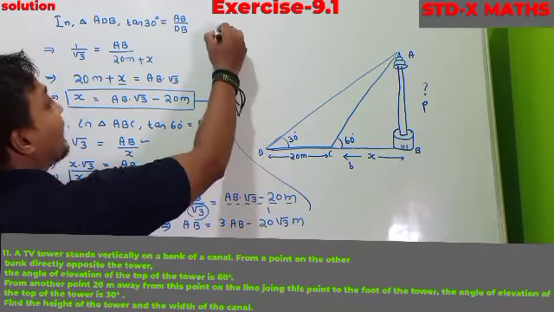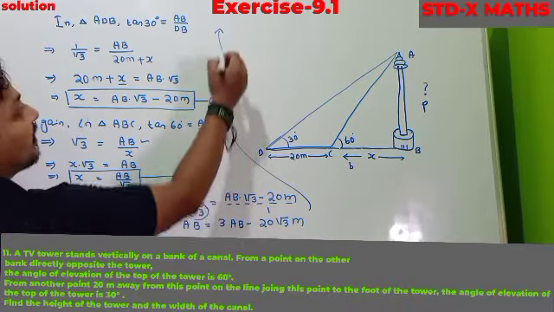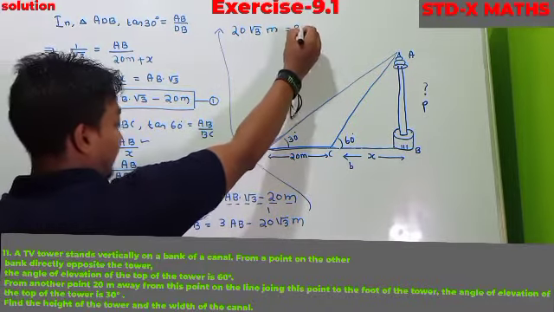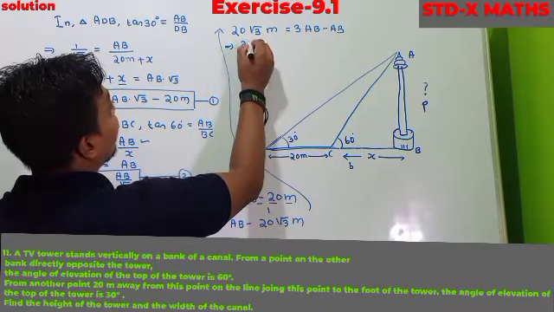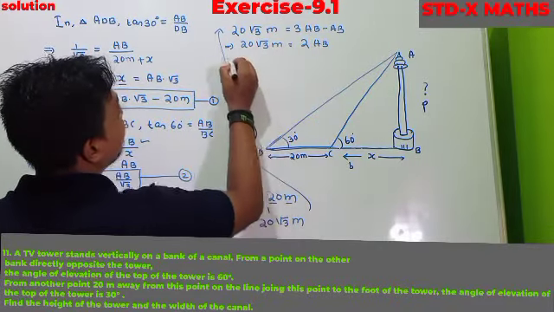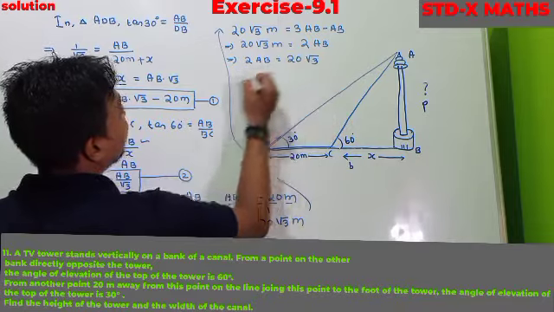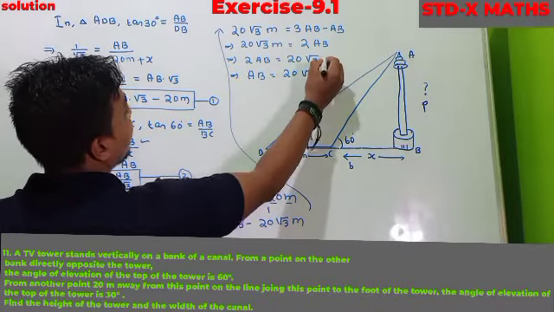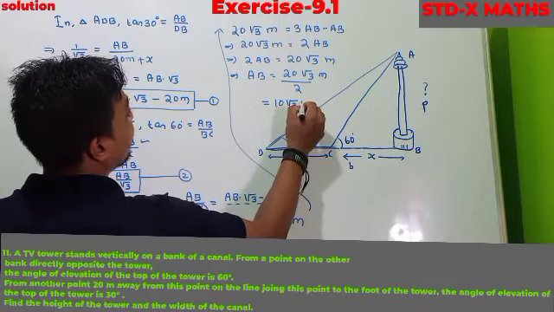Then keeping the terms on one side, 20 root 3 meters equals 3AB minus AB, which says 20 root 3 meters equals 2AB. So AB equals 20 root 3 meters divided by 2, which is 10 root 3 meters.